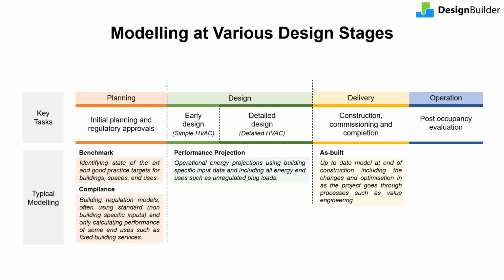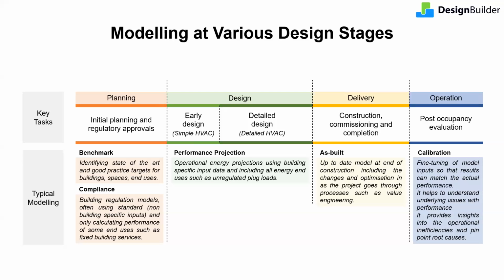Beyond this, into the construction and handover stages, value engineering often drives changes in building design and specifications. Therefore, upon handover, the model should be updated so that it aligns with the as-built building as much as possible. Ideally, at this stage, the model should show the targets for the energy and comfort metrics are easily achievable.